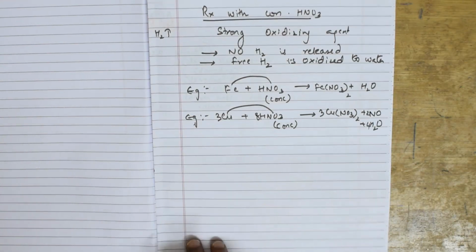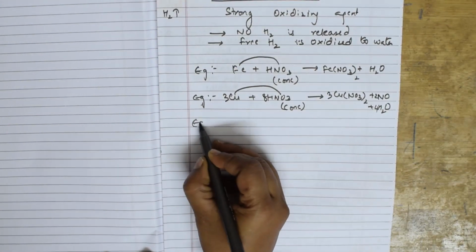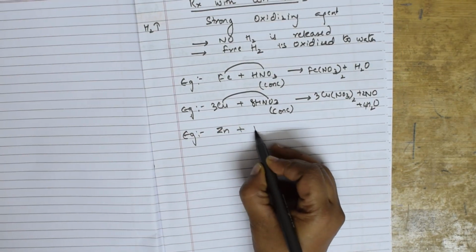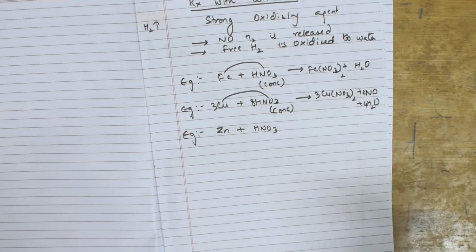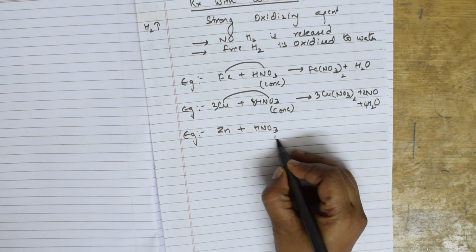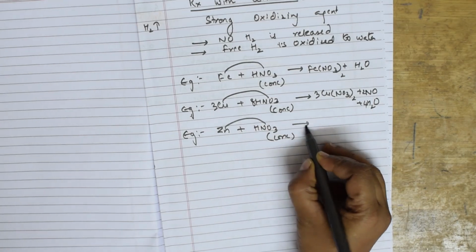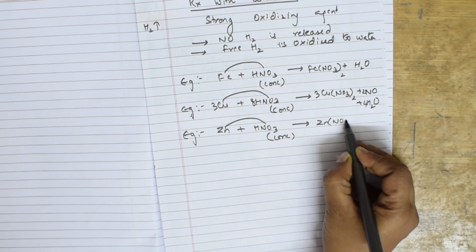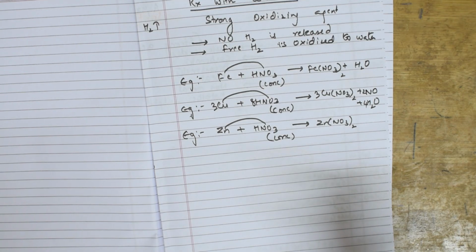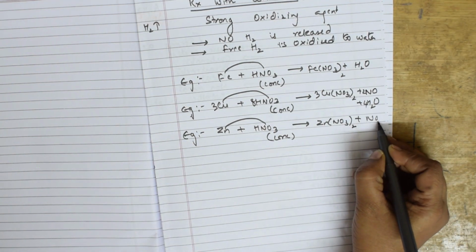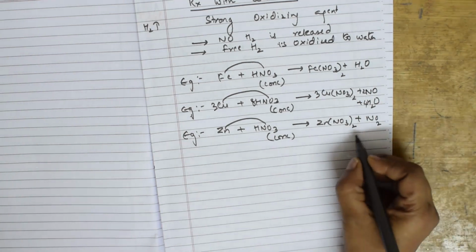Suppose I have elements like zinc, let me take zinc in the reactivity series. Suppose you are reacting with concentrated nitric acid here. Remember, again you will get metal nitrate, zinc nitrate, Zn(NO3)2, and then here you will be getting NO2 gas plus water.